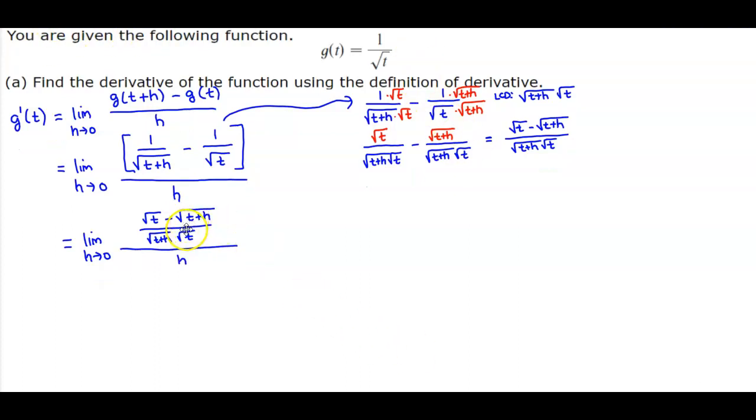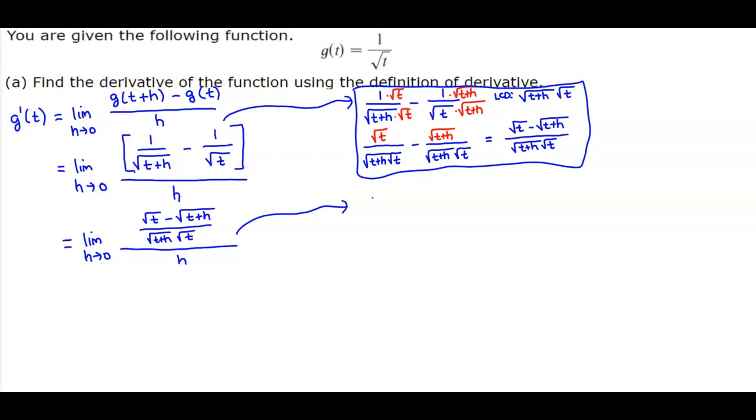So we're going to continue to use algebra in order to simplify our fraction. So if we take a look at this fraction here, we're just separating this.